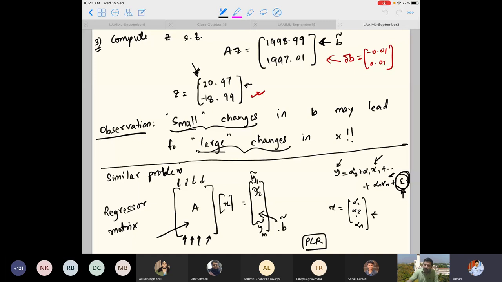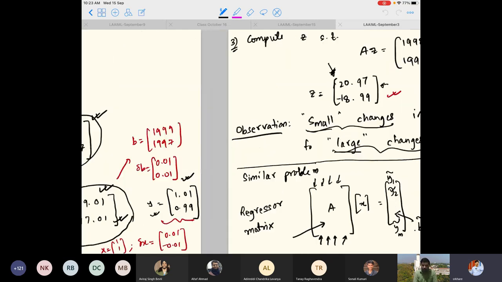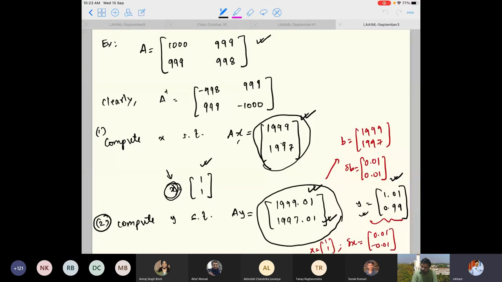If the perturbation was in this direction, minus 0.01, 0.01, then you see z becomes really very large. It goes too far away from x. But if I have this perturbation which is 0.01 and 0.01, then I get an answer which is also very close by.